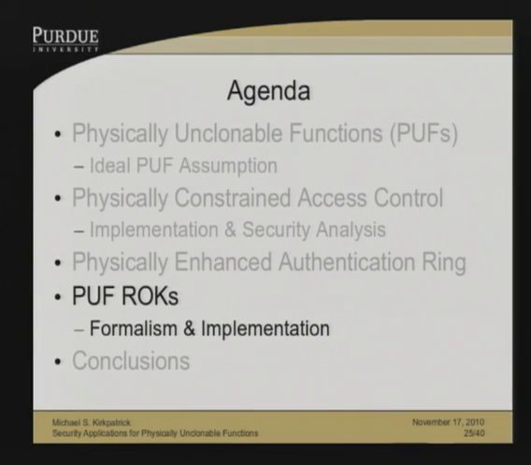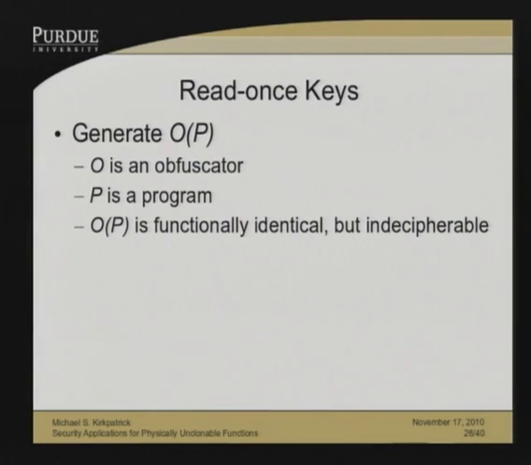So both of those were using PUFs for authentication. This third work that I'm going to present is a very different work. We call these PUF-ROKs, and a ROK is a read-once key. So the idea from a formal perspective is that if you talk about an obfuscator O, the obfuscator is a special program.